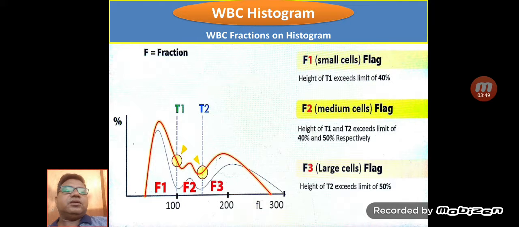On the other side, for the F2 flag, or medium cell flag, when T1 and T2 exceed the limits of 40 and 50% respectively, we will have the F2 flag. And the F3 flag, or large cell flag, is generated when the height of T2 exceeds 50%. These flags are very important in differentiating these two conditions, especially the F2 flag, and we will discuss how to differentiate using these flags.